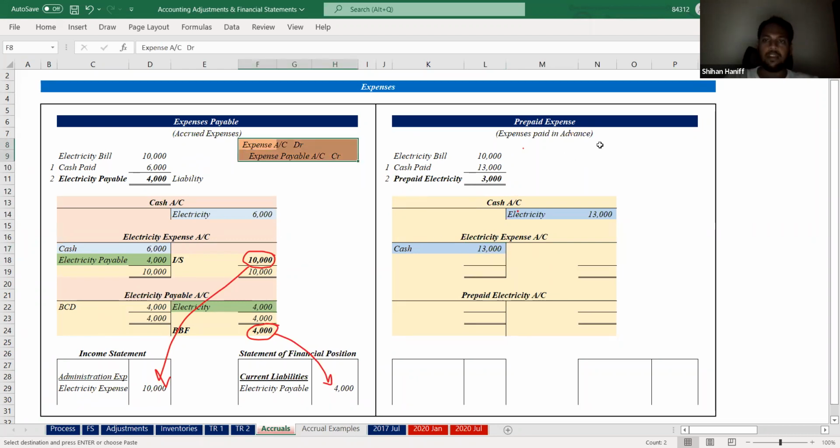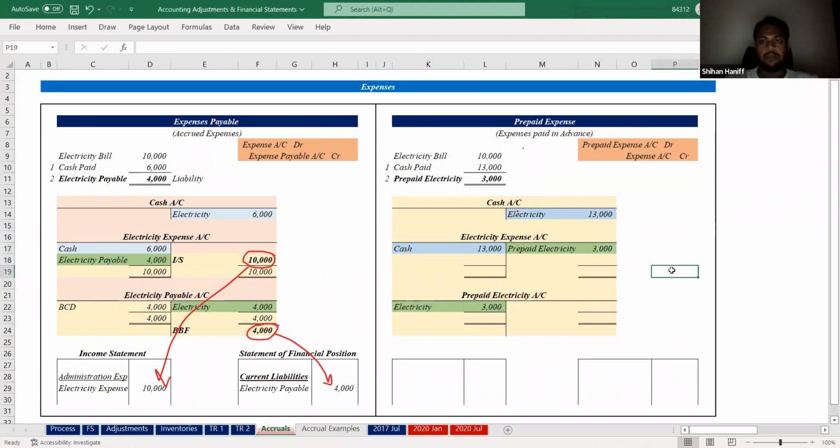Expense account credit, prepaid account debit. You credit 3,000. Prepaid debit 3,000.